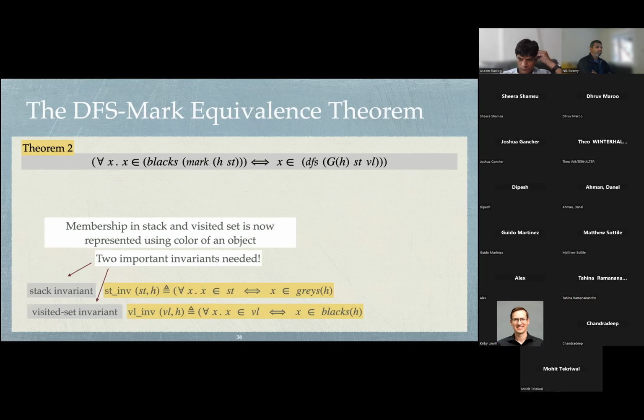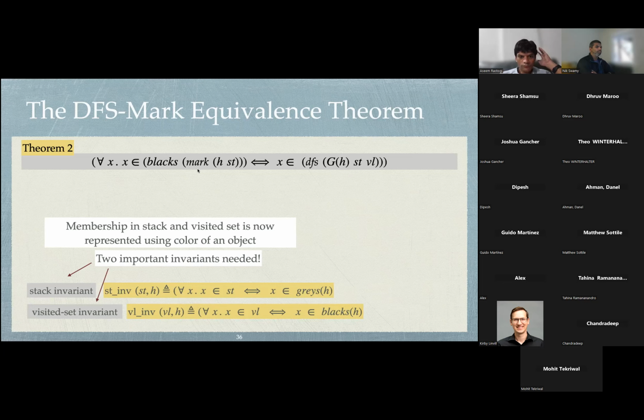So these are the invariants. The first is called the stack invariant. The stack invariant says that all the gray objects in the heap, and only the gray objects in the heap, are present in the stack. The visited set invariant says that all the black objects in the heap, and only the black objects in the heap, will be present in the visited set. As I said before, mark happens in a heap where only gray, white, and blue objects are there.